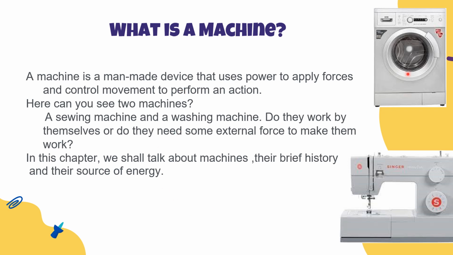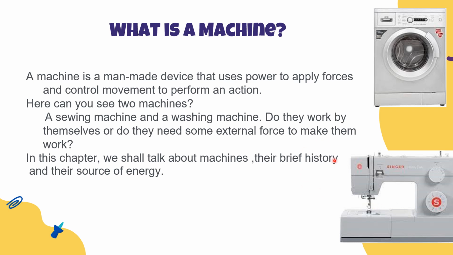So here in this picture you can see a washing machine, and this is a sewing machine. For the washing machine, how does it run? It runs from an electrical force, so you need power for operating this machine. Whereas the sewing machine runs by power as well as mechanical force.